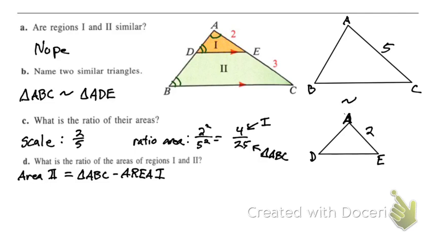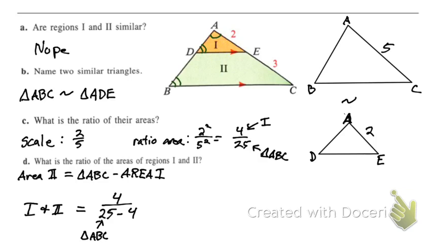So we're doing area 1 and 2. It's going to be the exact same thing as 4, that's my area 1, over 25. But note 4 is in place of my area 1 in the ratio. So instead of just being 25, we're going to subtract 4 away from it. Our triangle ABC from right here is 25.